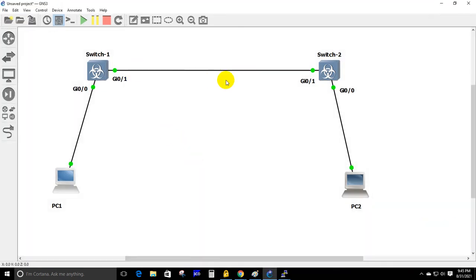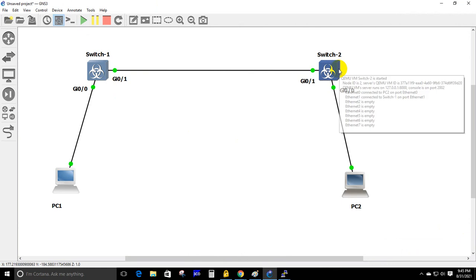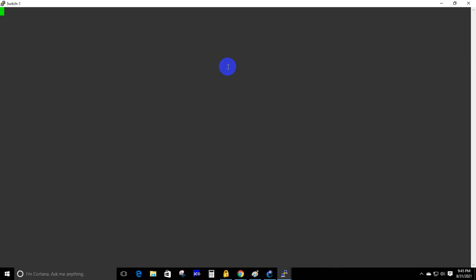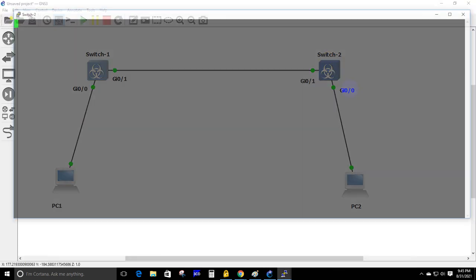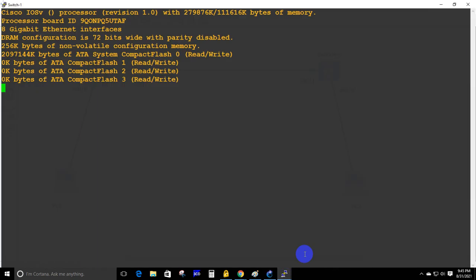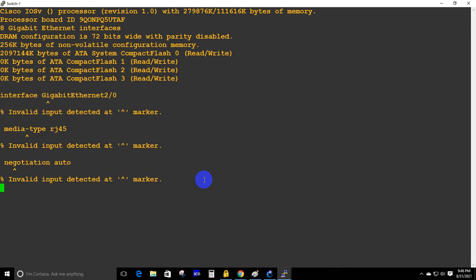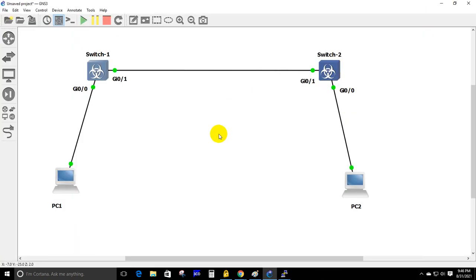It is a trunk link between switch 1 and switch 2. First we will demonstrate with dot1Q, and then we will demonstrate with ISL.